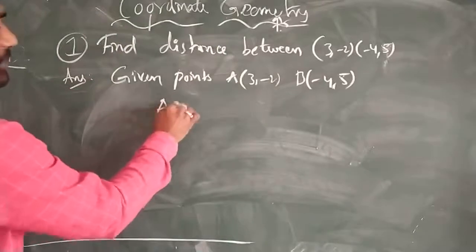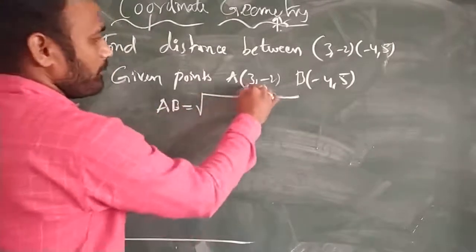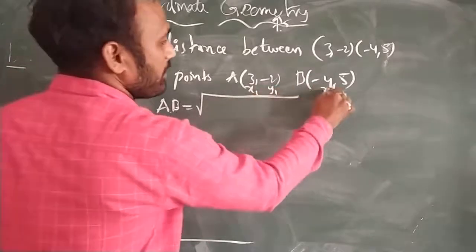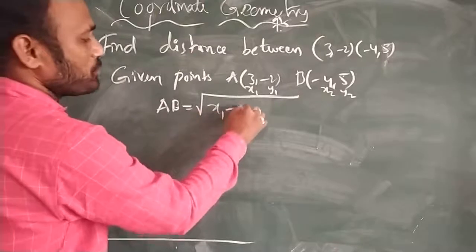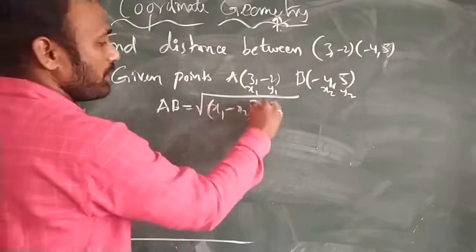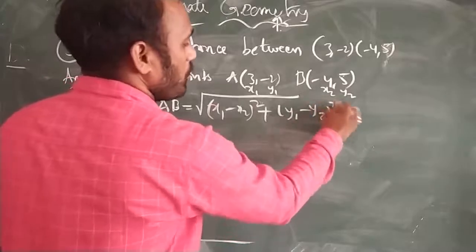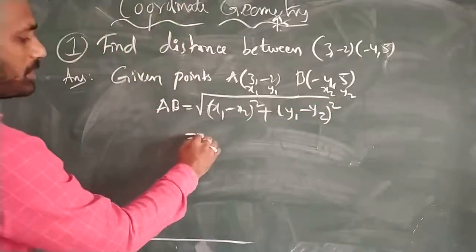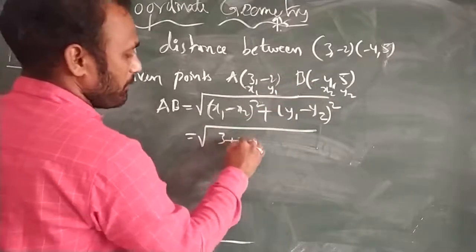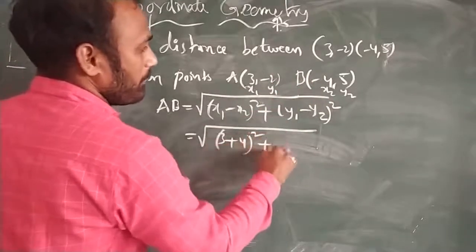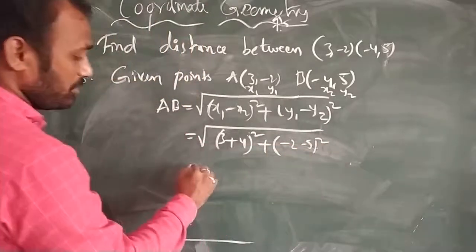The distance between AB is given as root of, here it is x1 y1, x2 y2. The formula we need to write first, x1 minus x2 whole square plus y1 minus y2 whole square. So that is root of 3 plus 4 whole square plus y1 minus y2, minus 2 minus 5 whole square.